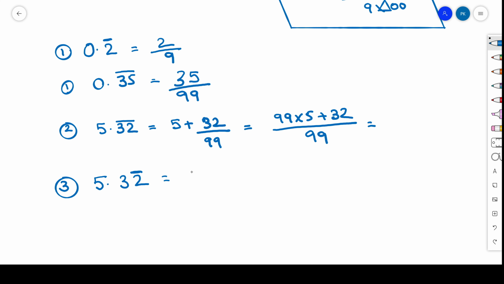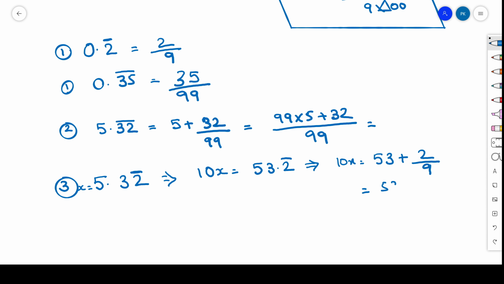In this case, what we did, we brought the non-recurring digit on the left hand side, which means 10x is equal to 53.2 bar. We have to suppose that this is x, and we will have to multiply both LHS and RHS with 10. We get 53.2 bar. Now this implies 10x is equal to 53 plus 2 by 9.